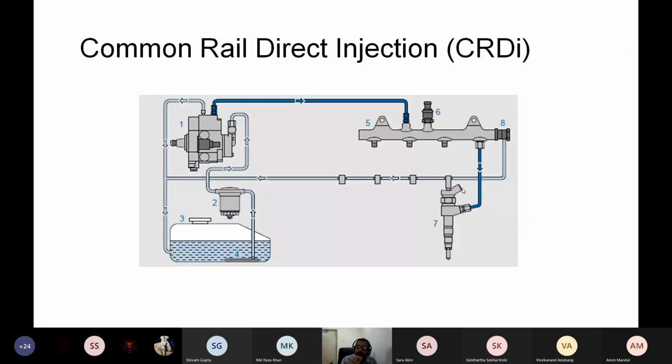This information has to be supplied to the ECU, and accordingly the ECU will get the input signals from the engine crankshaft and camshaft, and it will find out when the piston is reaching 10 degrees before top dead center in the compression stroke. At that time, the ECU will send the signals to the injector.